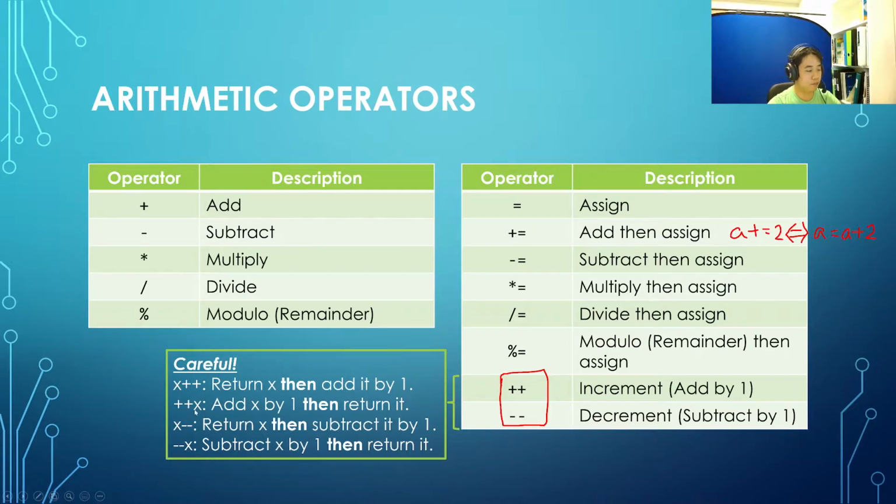Actually, before I move on, x plus plus is the postfix format of using plus plus. But what if you use the prefix format? Then you first add 1 to x, then you return the new value. So there's a difference. The order in which you return x and add 1 to x is different. The same thing applies to minus minus, which subtracts by 1.